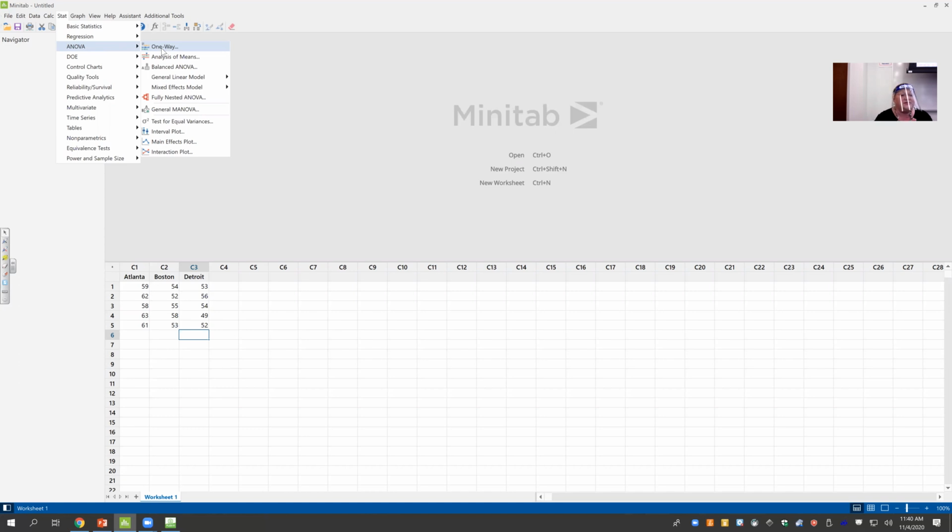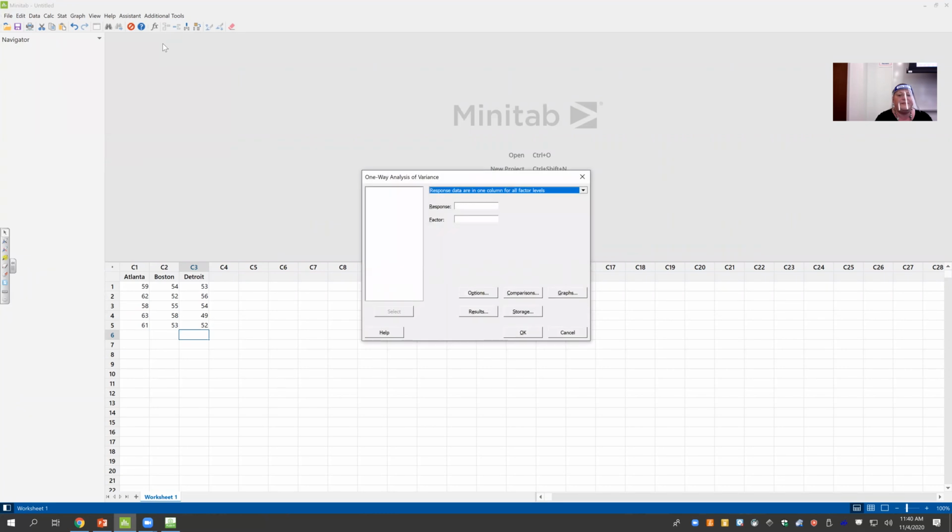The wizard comes up. We need to change this option to response data are in separate columns for each factor level. That's the way I'm having you do it.